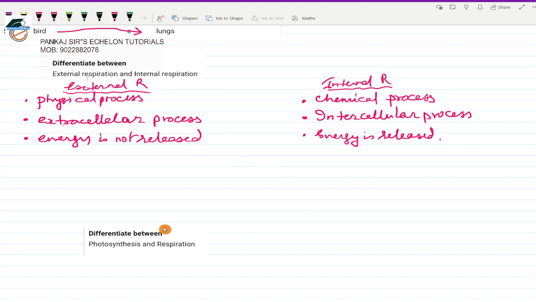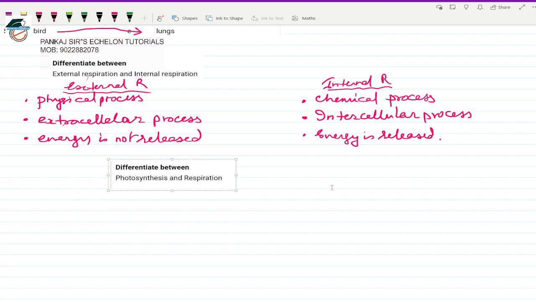Now next question is, differentiate between photosynthesis and respiration. Okay, so here again I'm going to write the points. On the left hand side, let me write photosynthesis, and here I'll write respiration.